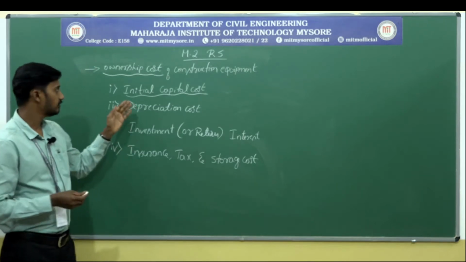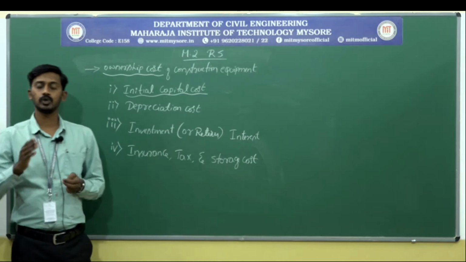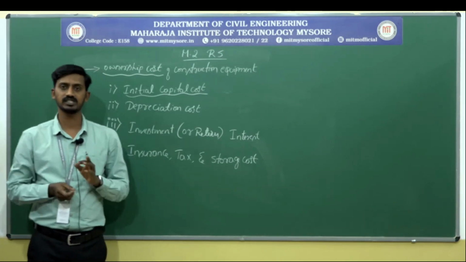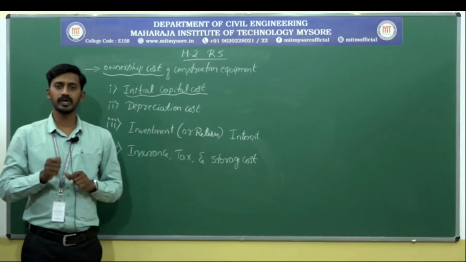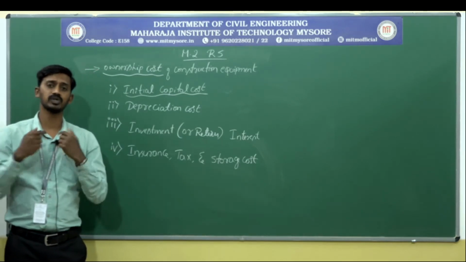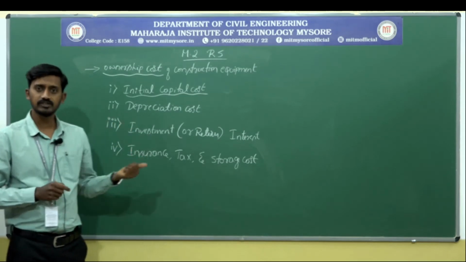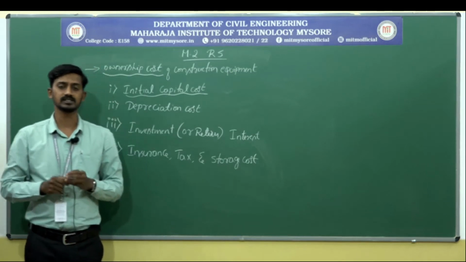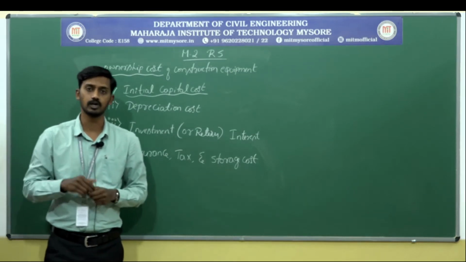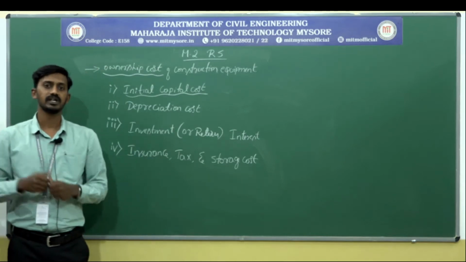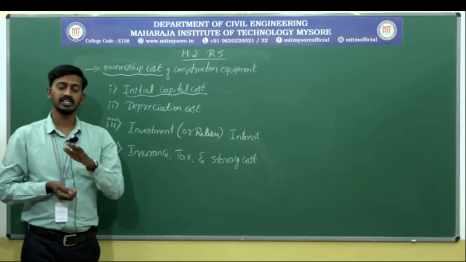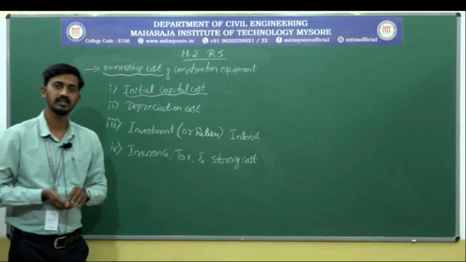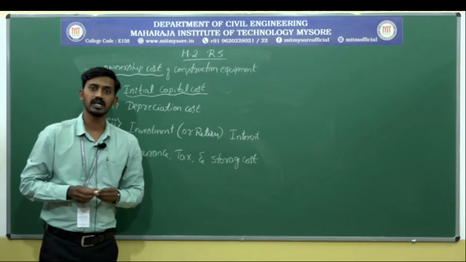isn't it? So, in the same way, if you want to buy any construction equipment, the owner has to invest a certain amount. Instead of investing in this particular equipment, he could have invested in any other place where he could get better return or better interest, correct? So, instead of investing somewhere else, he is going to invest in the procurement of a particular equipment.